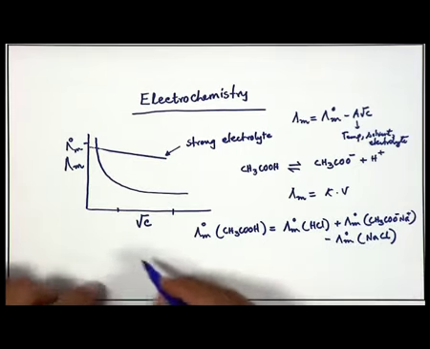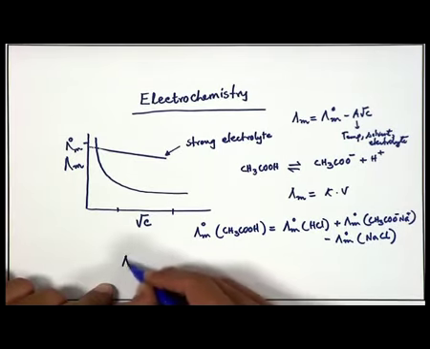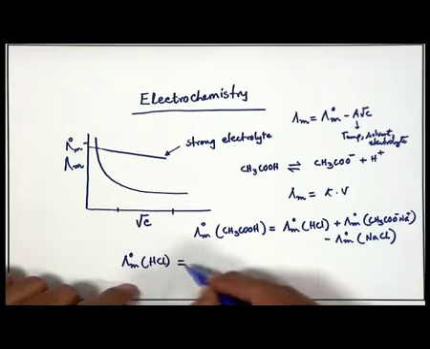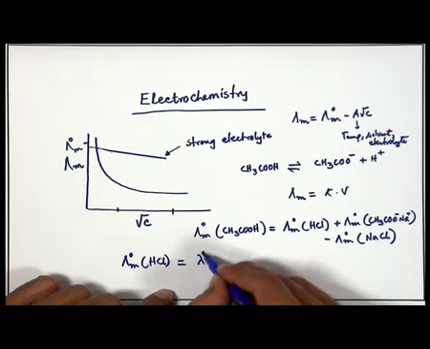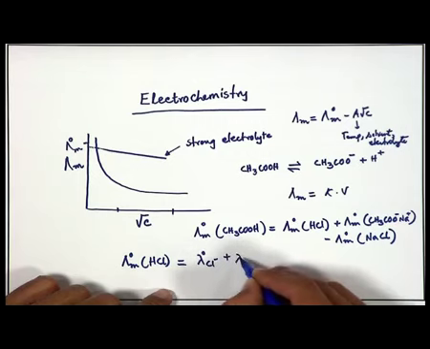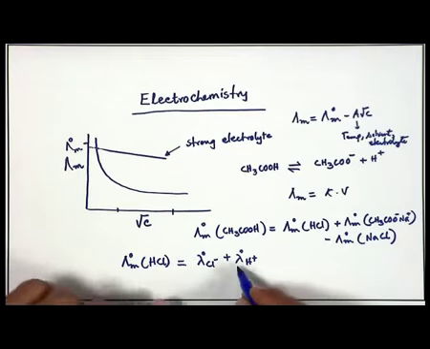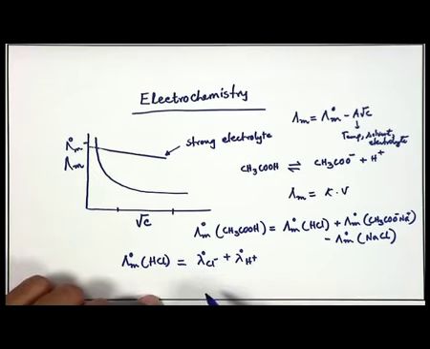The idea is that, say for example, lambda m 0 for HCl is nothing but lambda 0 for Cl minus plus lambda 0 for H plus. Lambda 0 means molar conductance at infinite dilution.